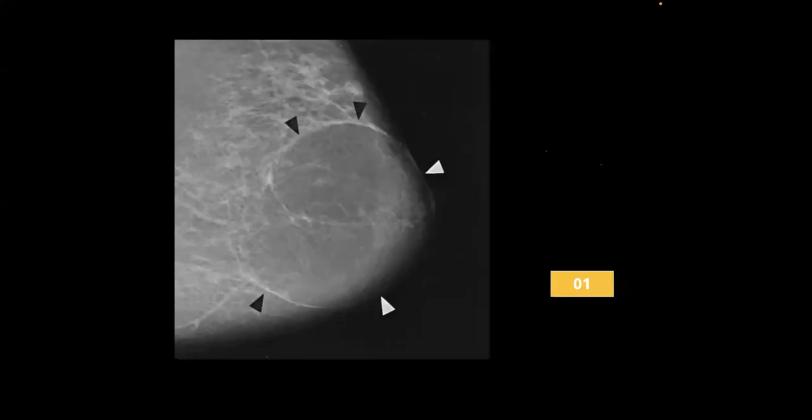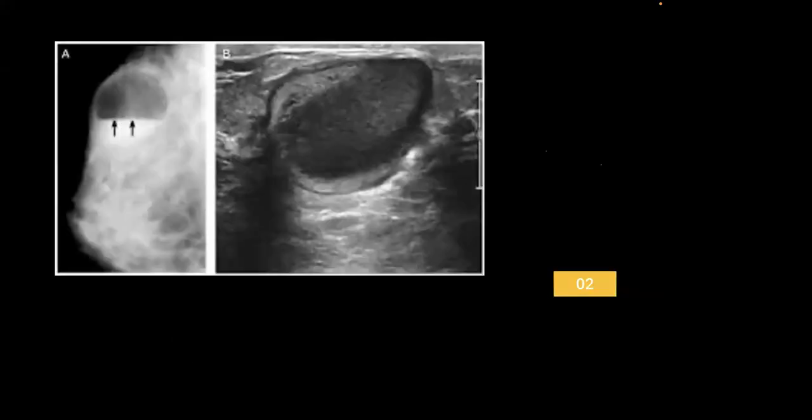This is the first spotter itself. Now this is the second spotter. A and B, mammography and ultrasound images of second spotter.